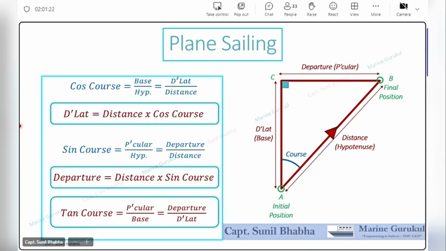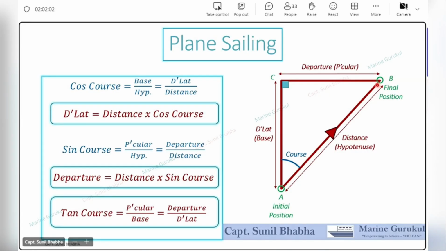Once we are aware of these formulas, we can use them to easily calculate courses and distances between any two positions on the surface of Earth. Plain sailing helps us to calculate two basic types of problems. If the initial position and the final position are given to us, latitudes and longitudes provided, using plain sailing we can easily calculate the course and distance between these two positions.